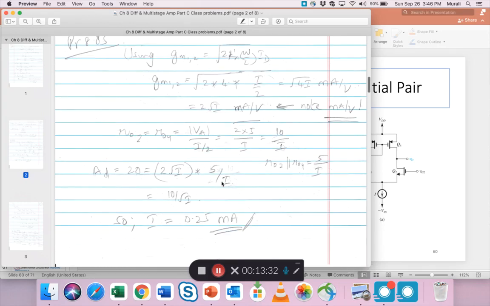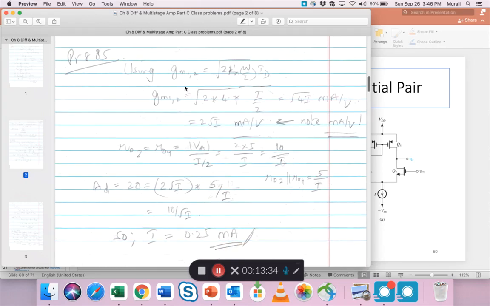8.85. Using GM12 equals this. We know all these values. I is the only unknown. So write that in terms of I as root of 4I, which is 2 root I. And this is milliamps per volt. Make sure you understand that it's milliamps per volt, because this is given as milliamps per volt.